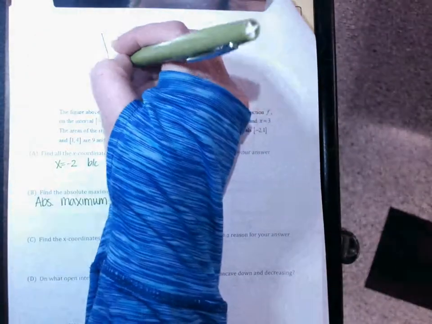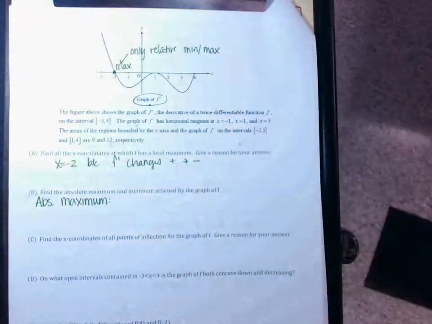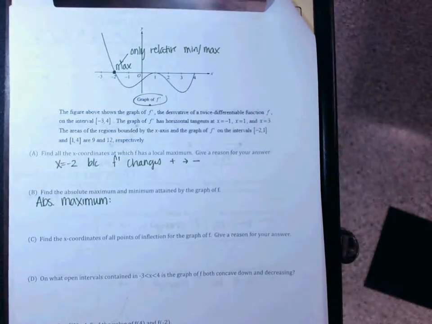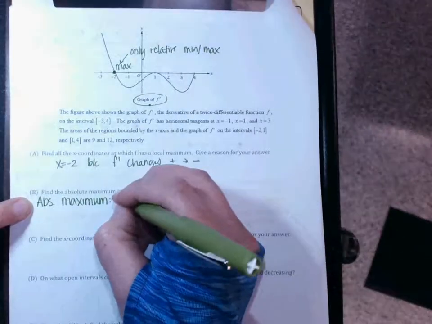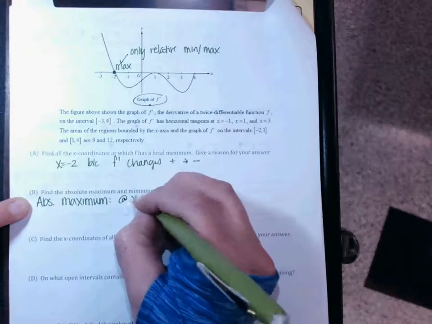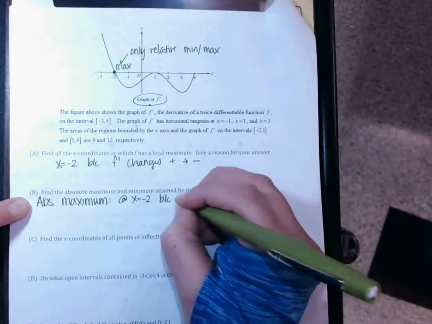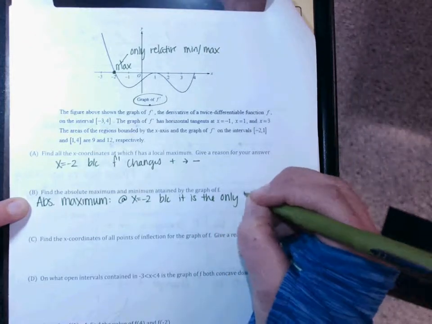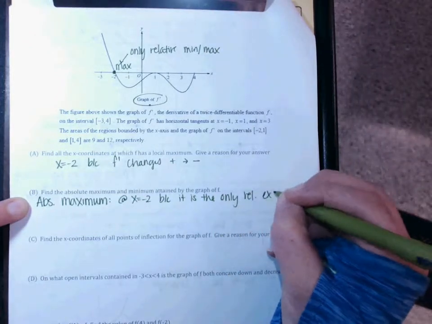So, since this is the only relative extrema, you know that it's the winner in that category. Okay? So I can say my absolute max is at x equals, what is it, -2? Because it is the only relative extrema.